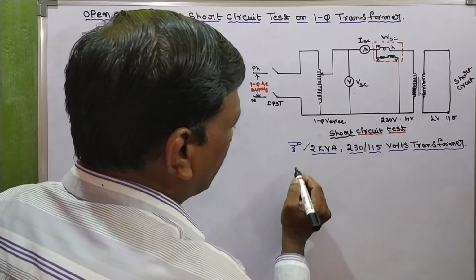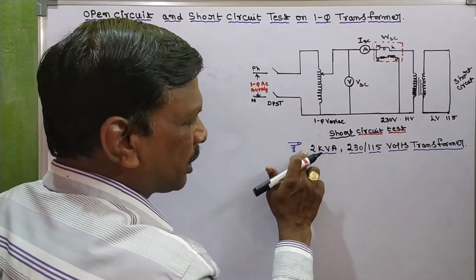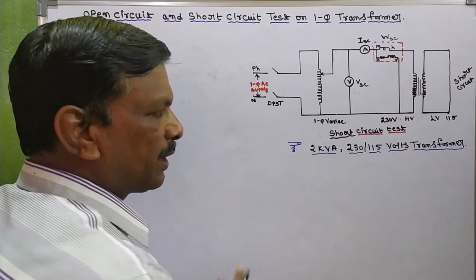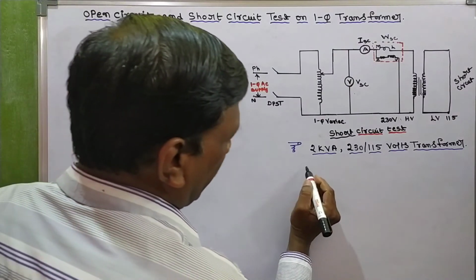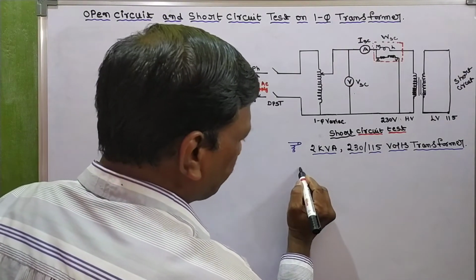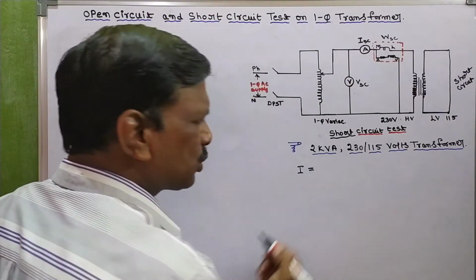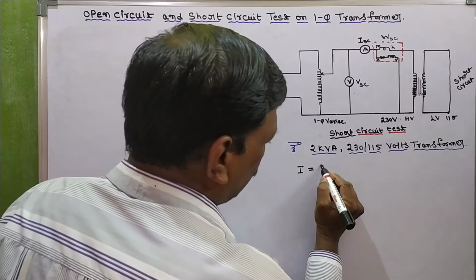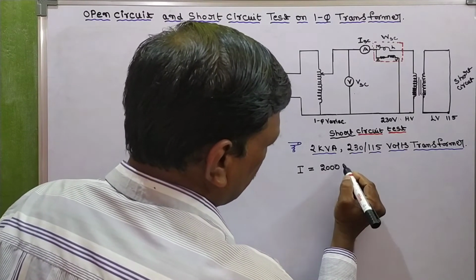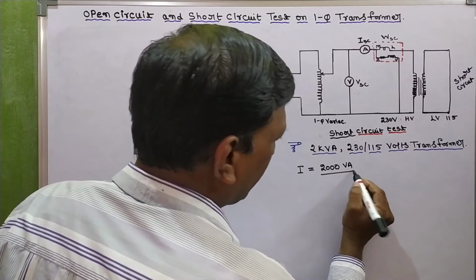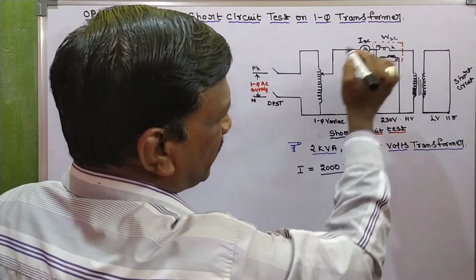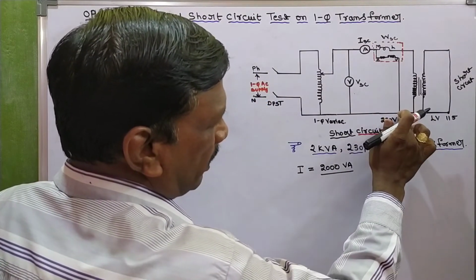When the transformer rating is 2 kVA, I is equal to 2000 VA by 230, since it is connected to the 230 volt side or HV side.